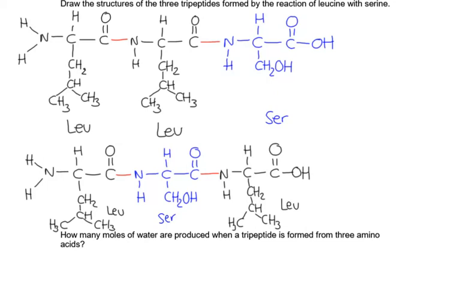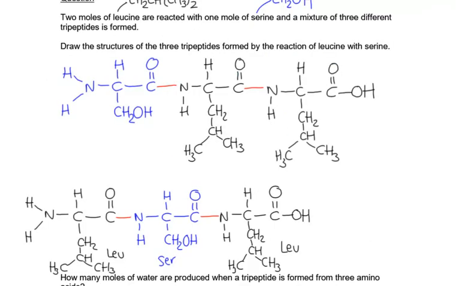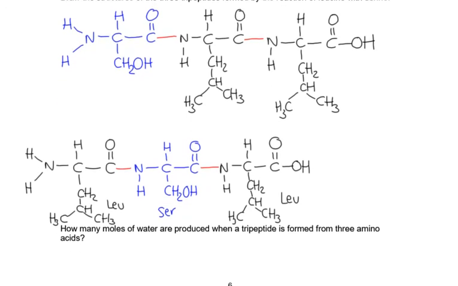So there would be a third structure, which I've run out of space, so I'm going to rub off my top structure and then you can see if you've got the same. And there you go, for my final structure I've gone serine, leucine, leucine. So 3 different tripeptides possible there.